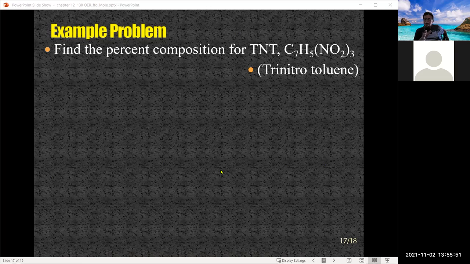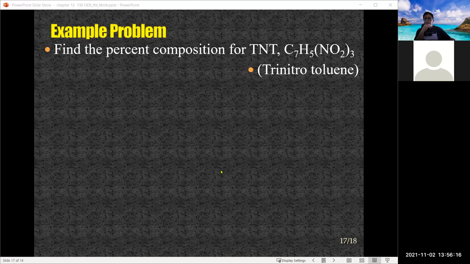Trivia question, side note. Anybody know by chance who invented this? Who invented TNT? There's a very famous prize that's awarded every year in different fields, not just science, but literature, peace.